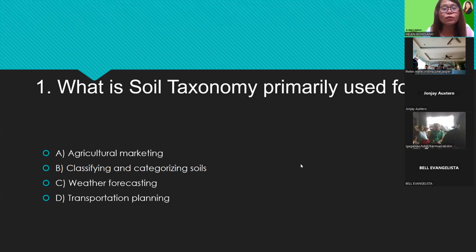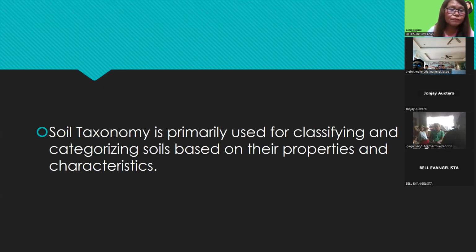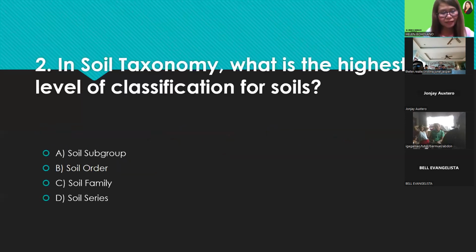Let's check if you had it right. It's letter B. For those who did not get it right, better luck next time. Soil taxonomy is primarily used for classifying and categorizing soils based on their properties and characteristics.